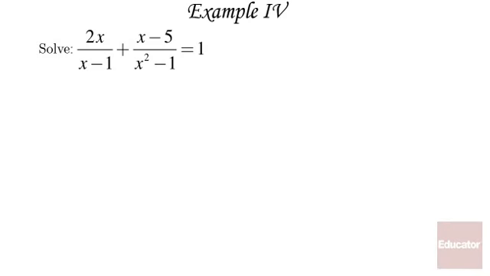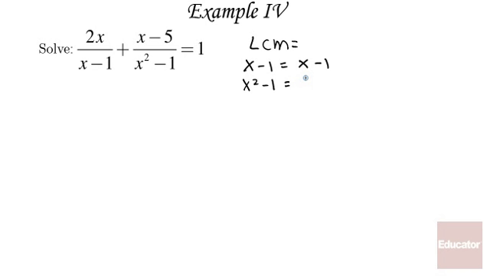Okay, in this last example, again, we have a rational equation that needs to be solved by multiplying both sides by the LCM. Well, I need to figure out the LCM, and I need to factor. So I have the first one, the denominator, is x minus 1. So that's just x minus 1. The other denominator is x squared minus 1.